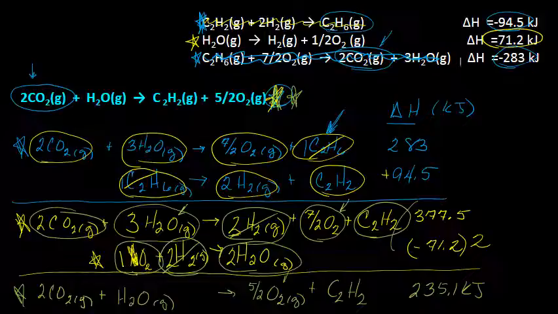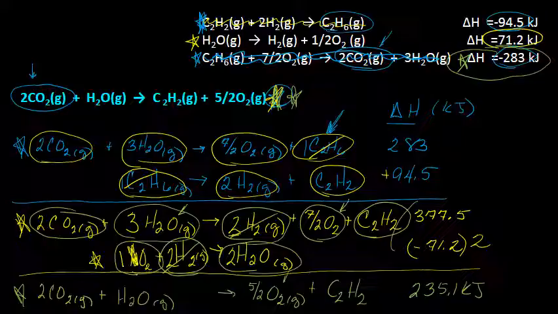Because this particular enthalpy value did not have decimal places, I do not want my final answer to have any decimal places. So my final answer for this is going to be 235 kilojoules. And we are done with this problem.